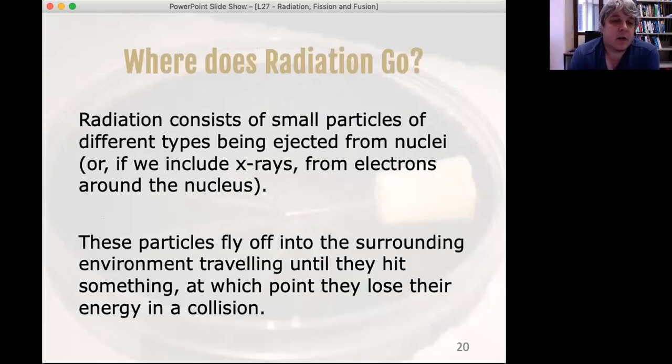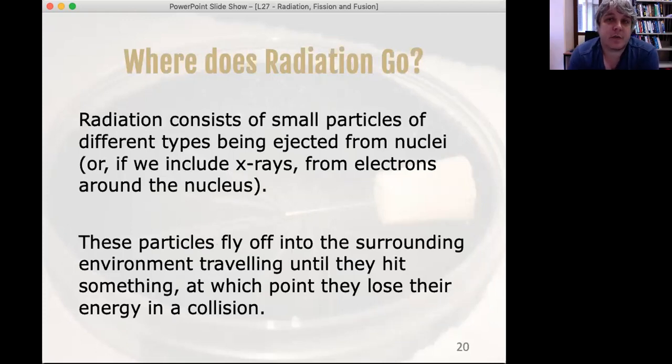Where does radiation go? Radiation is small particles of different types, electrons, helium nuclei, or gamma photons, coming from the nuclei, or if you include X-rays, they come from the electrons around the nucleus as well. As I said, that's not nuclear radiation, but it is still a type of radiation and it does still pose a health risk. So we often lump that in with nuclear radiation when we're discussing this kind of radiation and health risk.